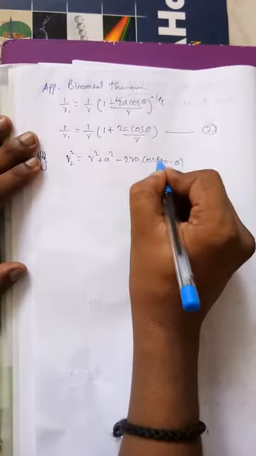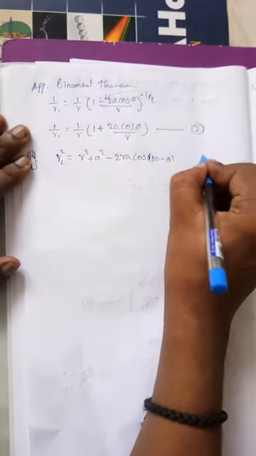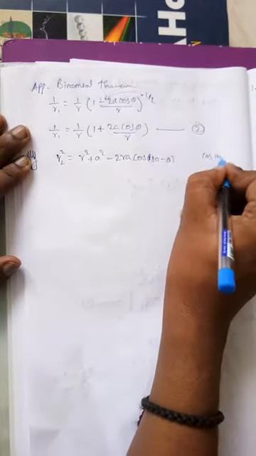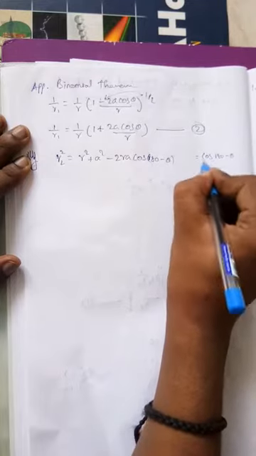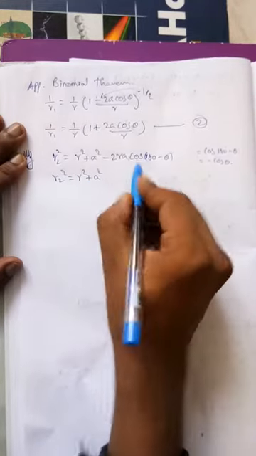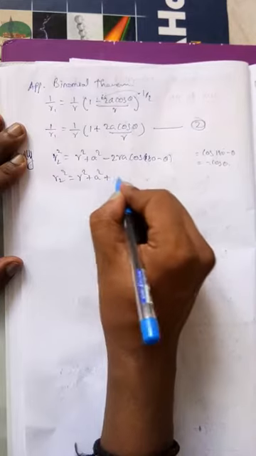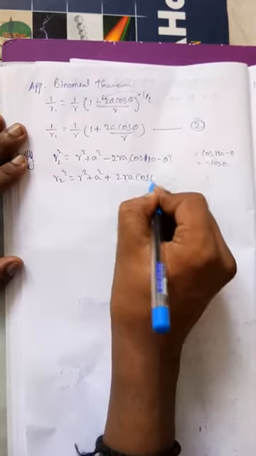Here 180 minus theta because of this angle 180 minus theta. So already you know that cos (180 minus theta) is nothing but minus cos theta. So R2 square is equal to R square plus a square, minus into minus, plus 2Ra cos theta.